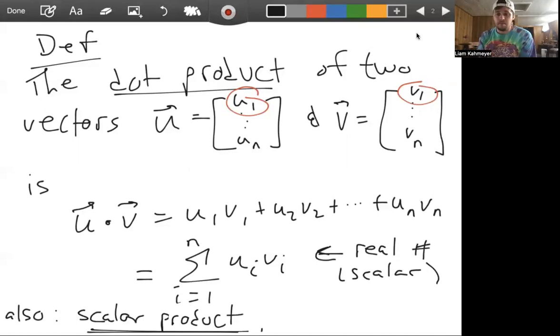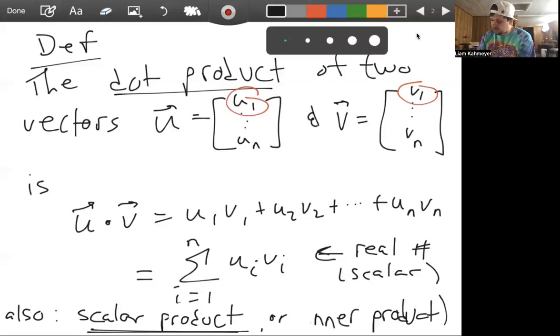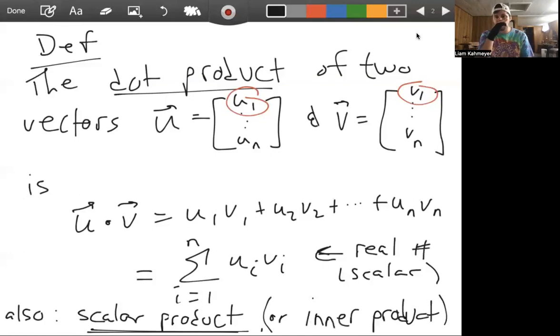If you take more proof-based math courses, this will be called the inner product. But for this course, we will most likely only refer to it as the dot product or scalar product.